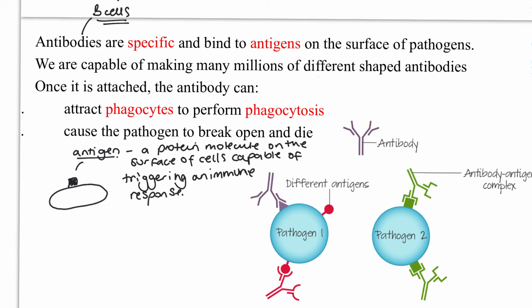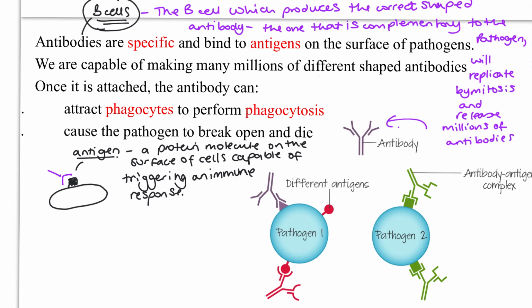When that B cell is identified, that is able to make the correct shaped antibody that is complementary to the antigen on the surface of the pathogen and will bind on to the surface of the pathogen, that B cell starts to rapidly replicate by mitosis and starts to release millions and millions of these antibodies.